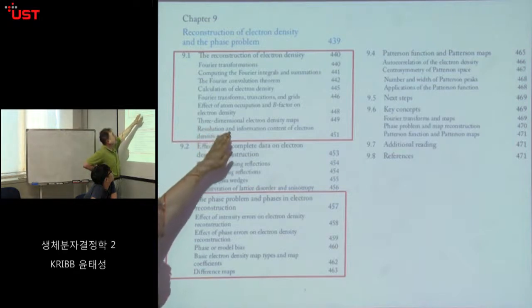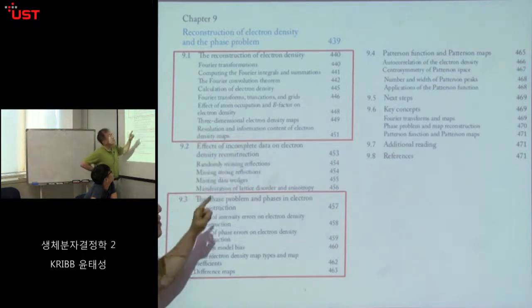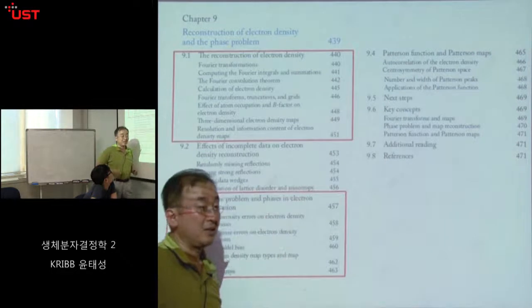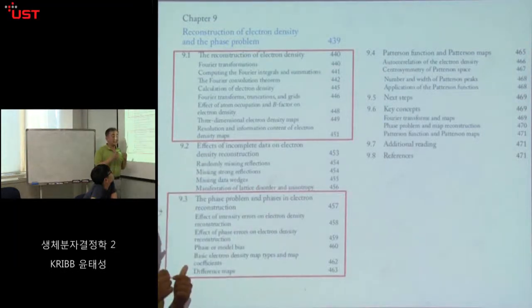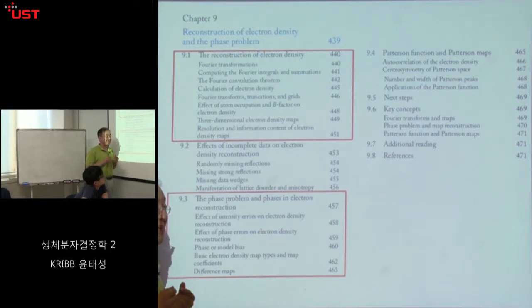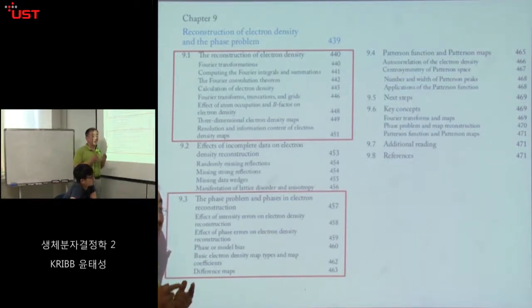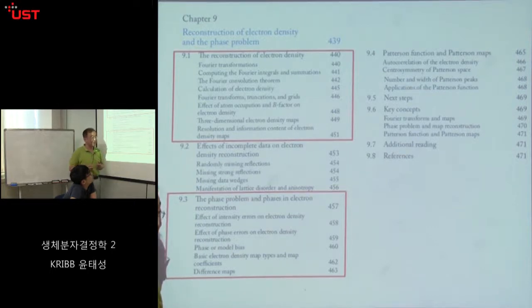Here is a three-dimensional electron density map. Here, Patterson map. What I'm trying to share with you is symmetry in vocabulary. We learned symmetry in space and symmetry in diffraction space or reciprocal space or structure vector function.